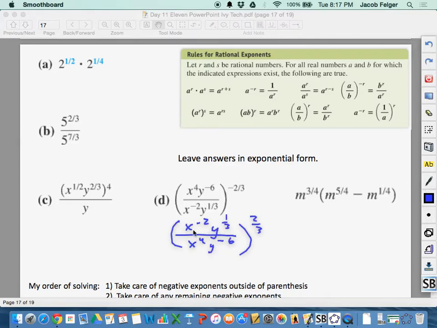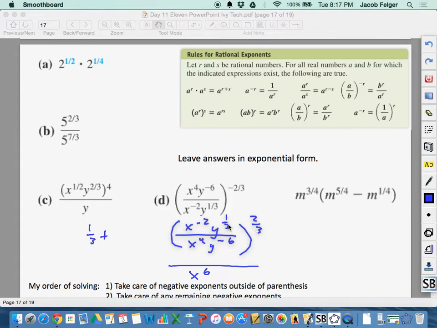So these two unhappy x's are going down to join the 4 that are down there. So I have x to the 6 down at the bottom. And those 6 unhappy y's are going to have to join a third of a y up here. So we could think of that as like 6 and a third. Or why don't we rewrite that?